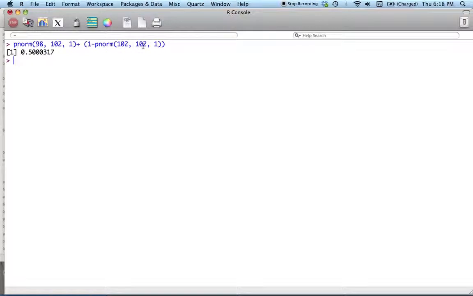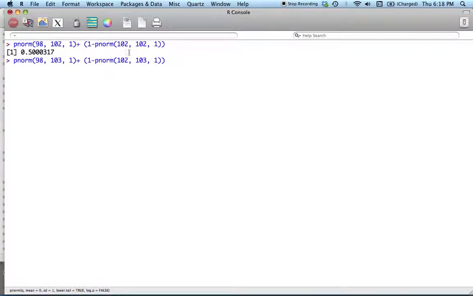But we can imagine a case where we wanted to get the power of our test to detect the alternative that mu is in fact 103. Well, all we would do is change this to 103 right here.